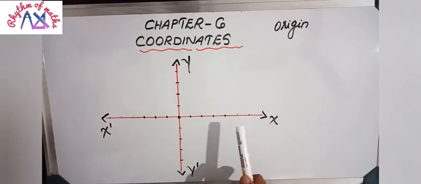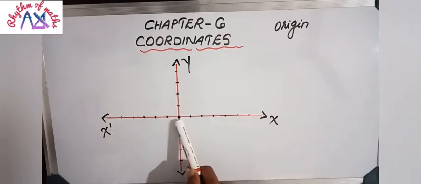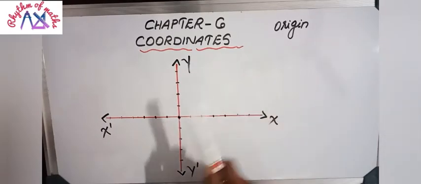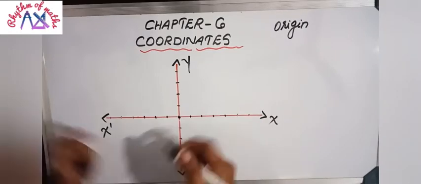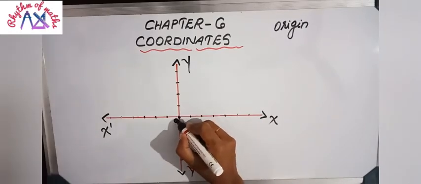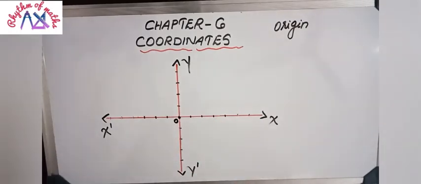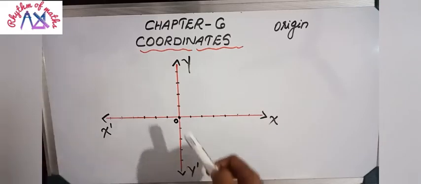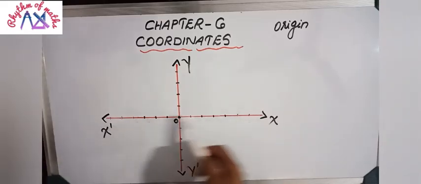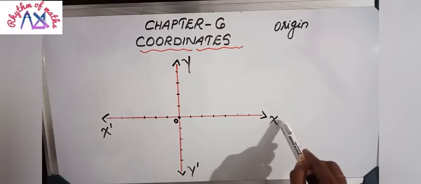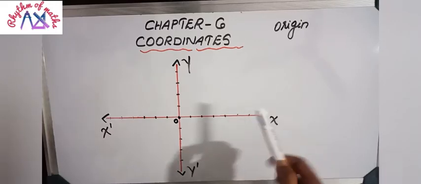These two mutually perpendicular lines intersect at a point. This point is known as the origin. And at this origin, the number will be 0. Always that point will be 0. Now next, as I told, this horizontal line is known as the x-axis.